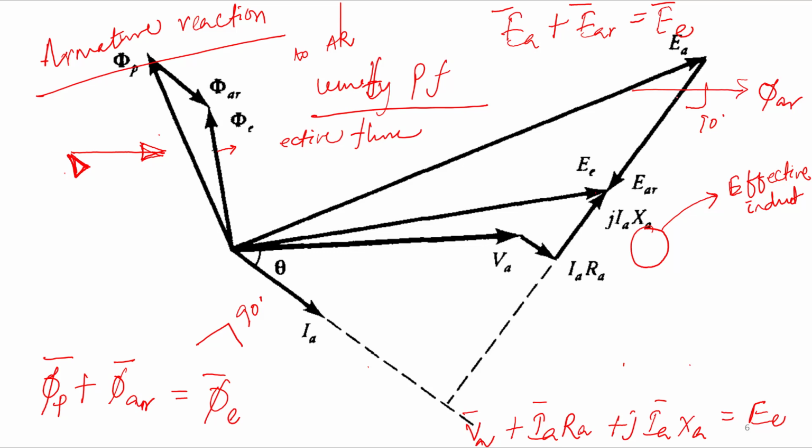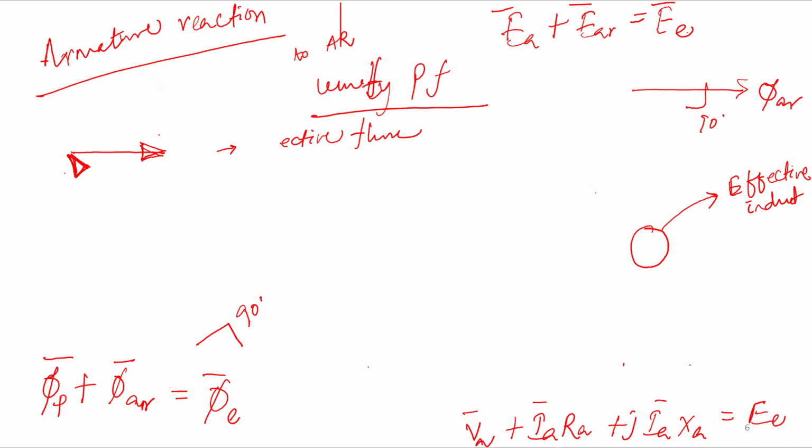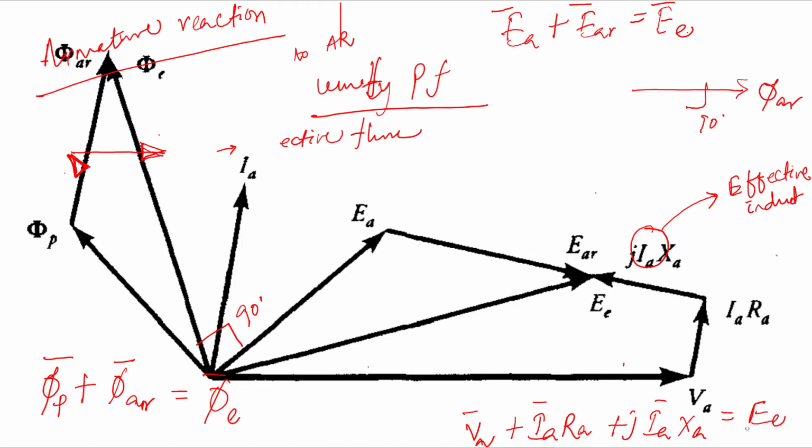Now what we are observing here is EA plus EAR is the EE, which is the effective induced EMF, right? Similarly, we can see here for the leading power factor.